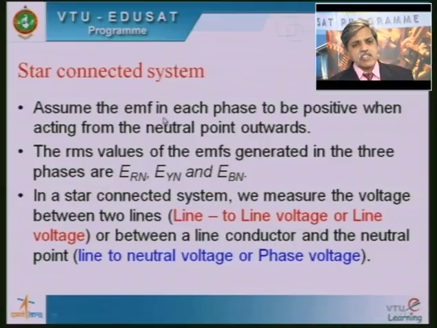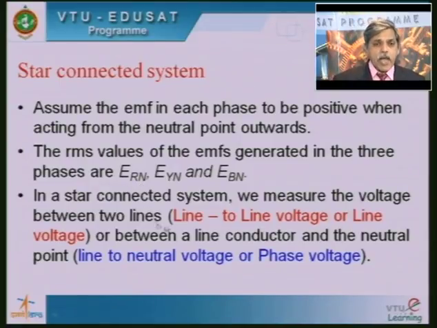So, in a three-phase star connected system, R to N is one phase voltage, N to Y the other phase voltage, and N to B the third phase voltage. Therefore, three phase voltages will be there in this system. Similarly, between R and Y I can measure one line voltage, between Y and B another line voltage, and between B and R the third line voltage.